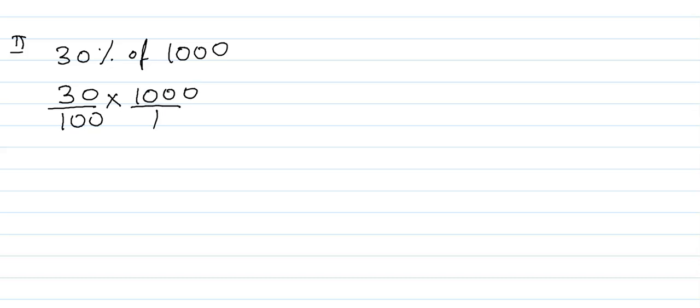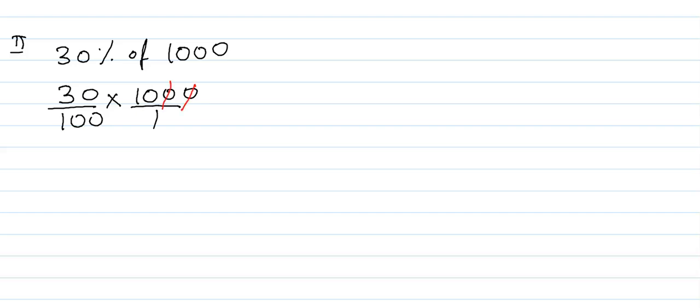Okay, so if you see 30%, if you solve it, 30% means 30 divided by 100 times 1000. You can cancel zeros.